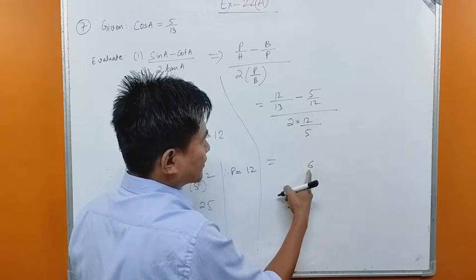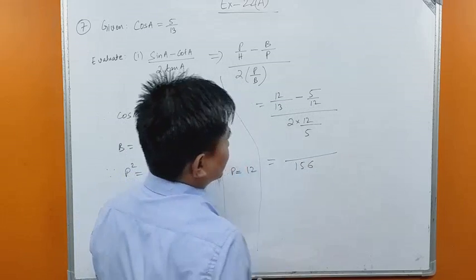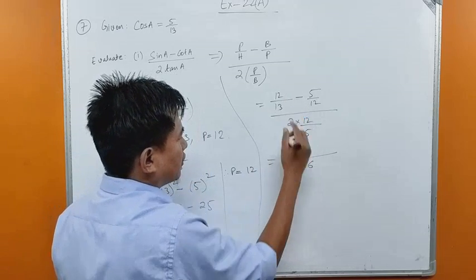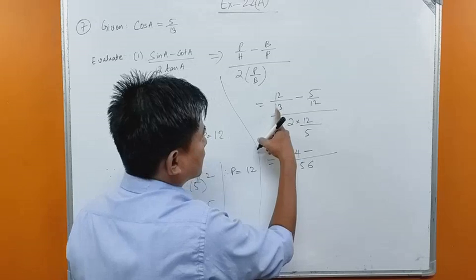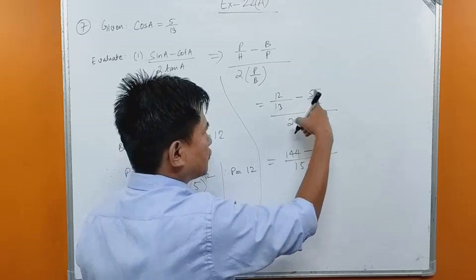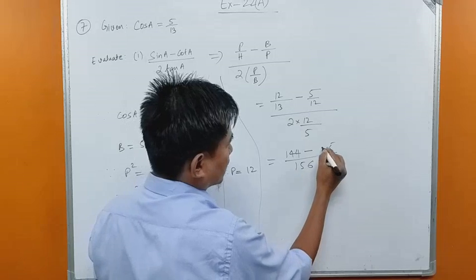So 13 into 12 gives us 156. So 12 into 12 is 144, minus 13 into 5, which is 65.